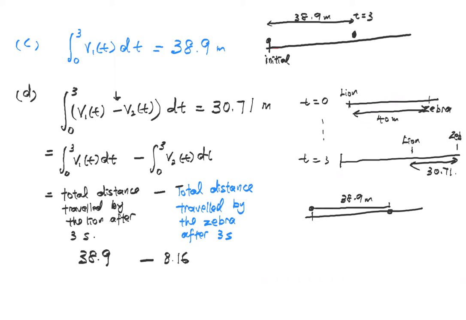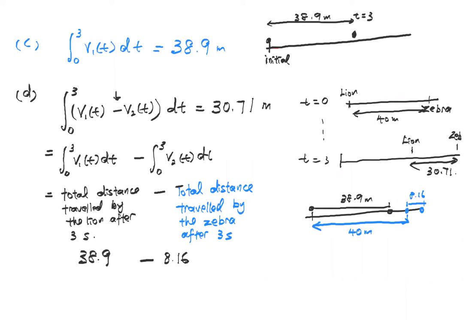The zebra is here. Here to here is 40. So it traveled this much, 8.16. So this is the final.